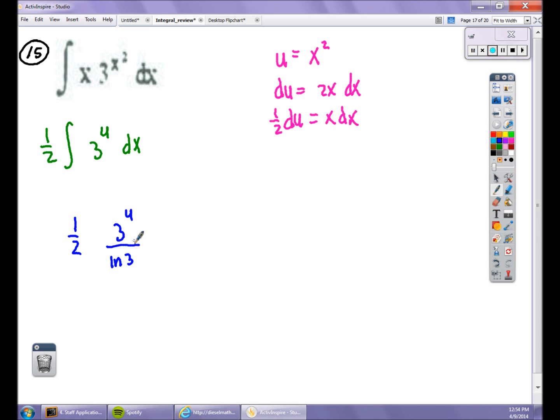So I multiplied by ln of 3 when I was taking the derivative. The reverse process for this, which is the integral, would be dividing by the ln of 3. Don't forget about your constant. And you might want to put some brackets around here just so we don't get too messed up. And then swap out the u with x squared.